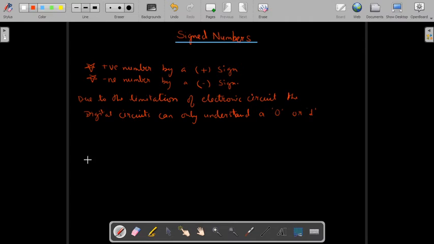Okay, so we have to display or represent negative numbers or positive numbers in such a way that it can be understandable by your digital circuits.